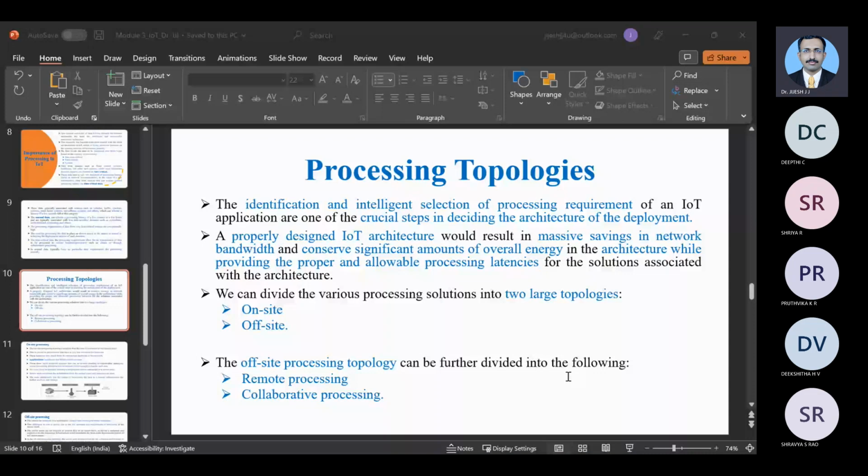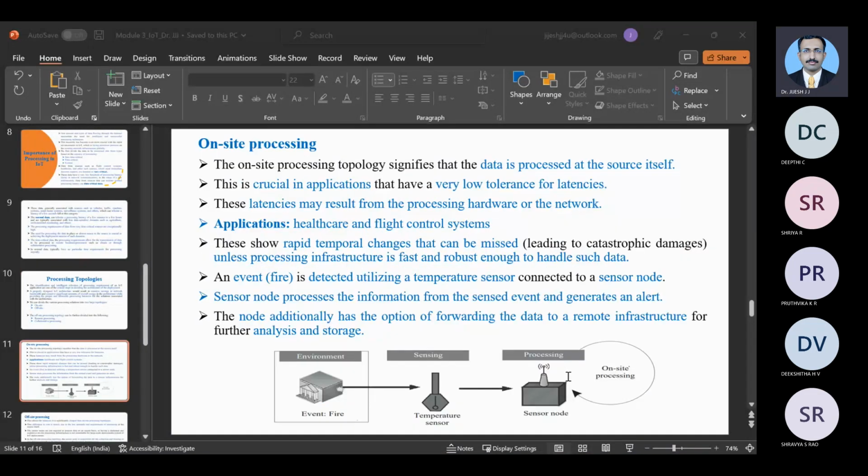From the word itself, it is very clear. So let us try to understand what on-site processing is.